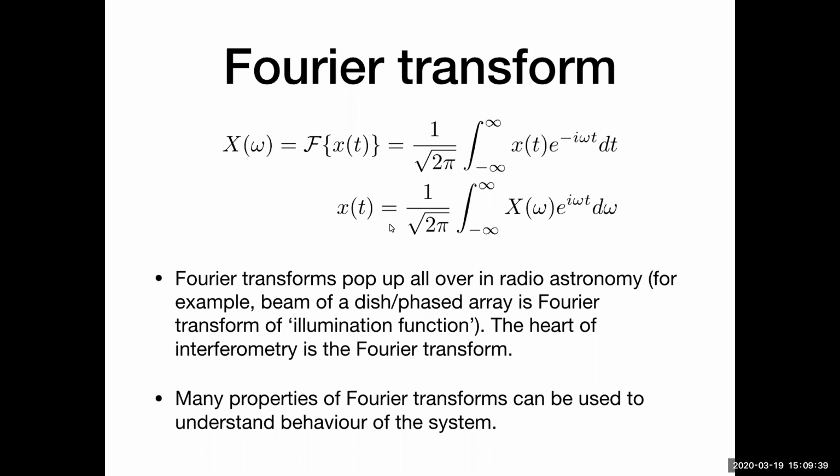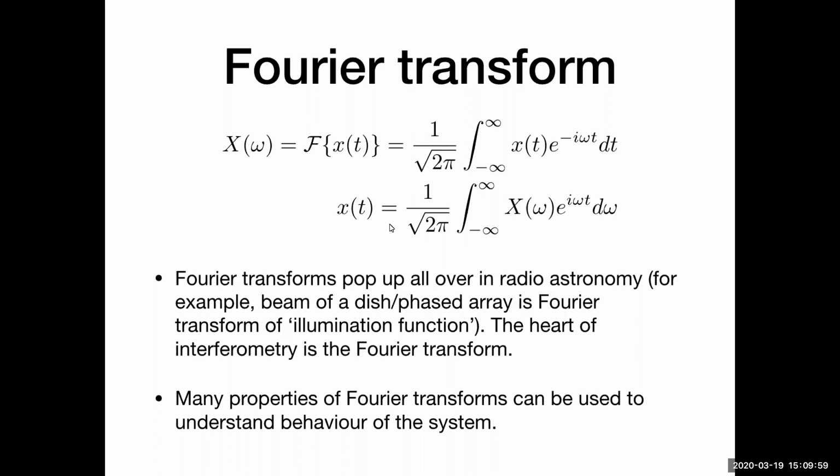This comes up in a lot of different forms in radio astronomy. Last week I talked a little bit about beams associated with a dish in a phased array. That is also defined directly as a Fourier transform, as well as the interferometry process being Fourier transform based.